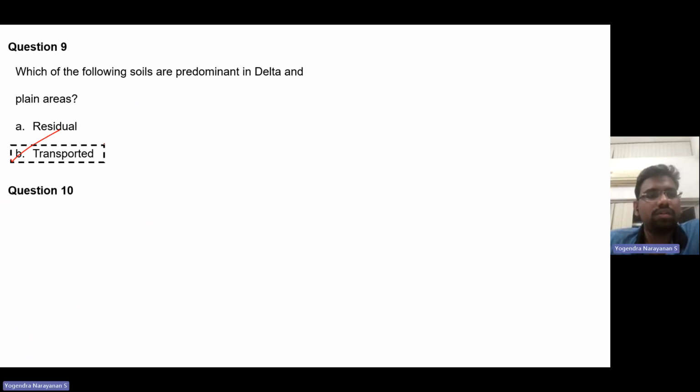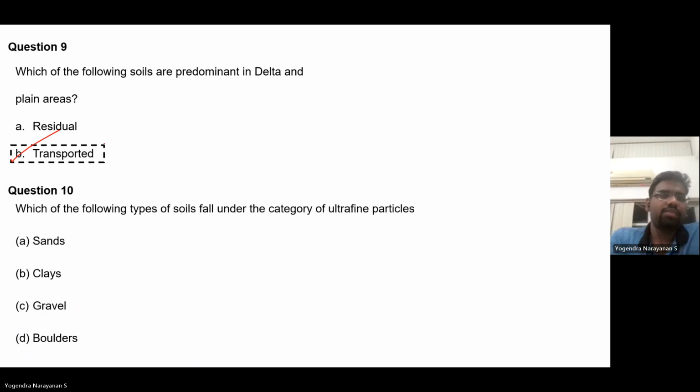Coming to question 10, which of the following types of soils fall under the category of ultrafine particles?